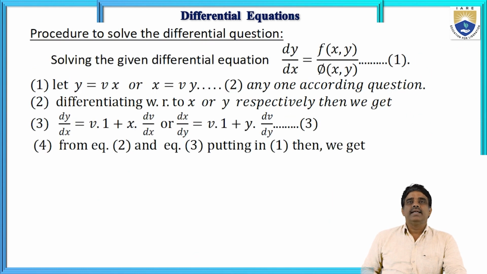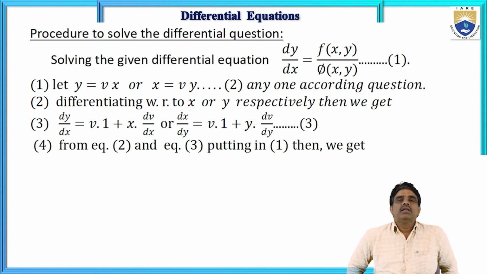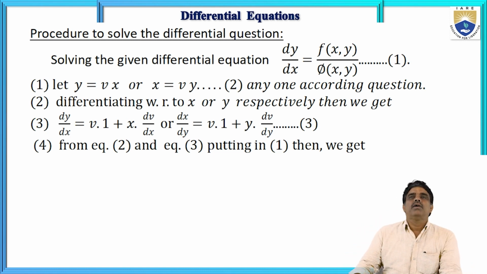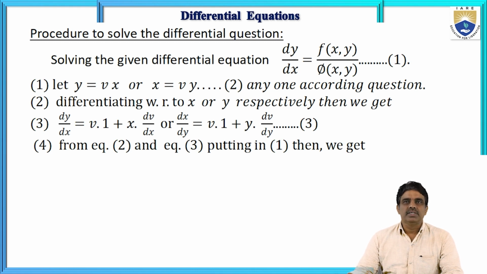See this slide: how to proceed to solve the differential equation. If the given equation is in the form dy by dx is equal to f of x, y by phi of x, y and it is a homogeneous differential equation, then we take either the substitution y is equal to vx or x is equal to vy, any one according to the given differential equation.